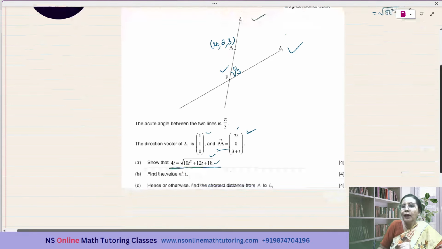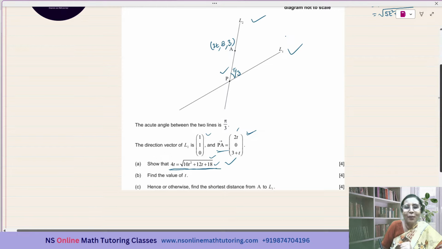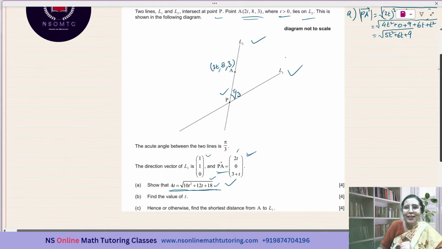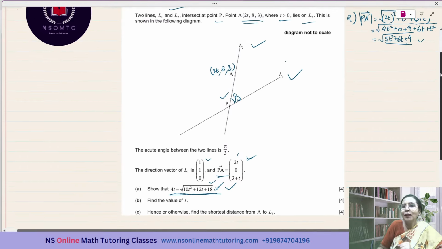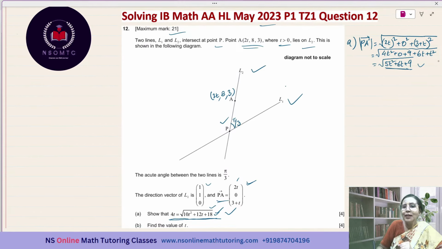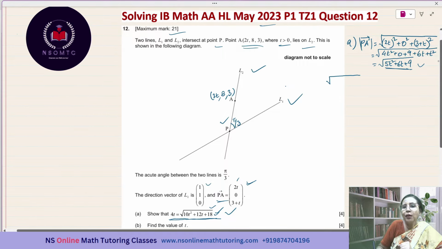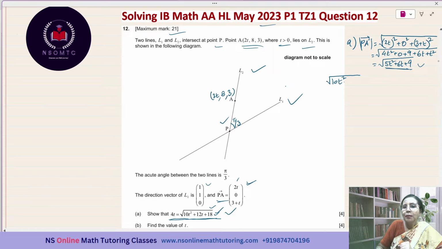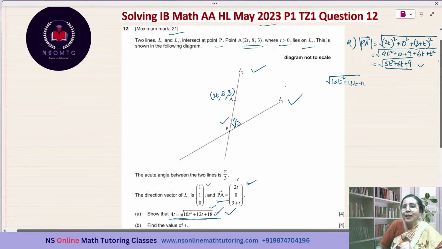But we have the square root of 10t square plus 12t plus 18, and this is the square root of 5t square plus 6t plus 9 multiplied by 2. So let us write this: the square root of 10t square plus 12t plus 18 can be written as the square root of 2 times 5t square plus 6t plus 9.